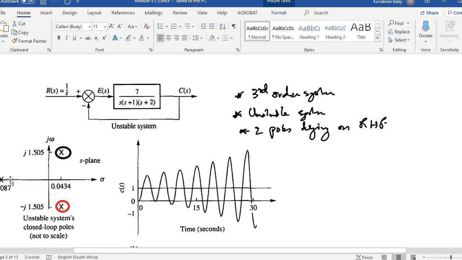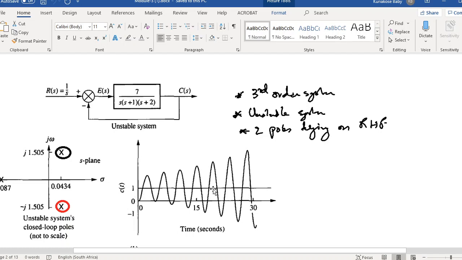When you calculate the roots, you'll see that one pole is lying on the left-hand plane at minus 3.087, and the other 2 poles are lying at 0.0434 plus or minus 1.505j. Which means that one pole is lying on the left-hand plane and 2 poles are lying on the right-hand plane. Once again, if you plot this in MATLAB, this is the kind of graph that you'll get.